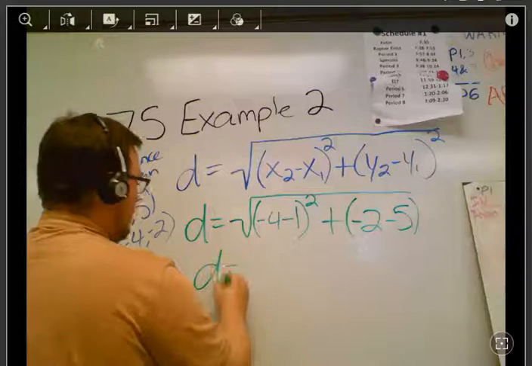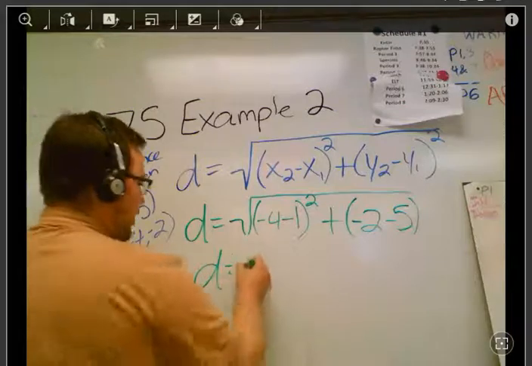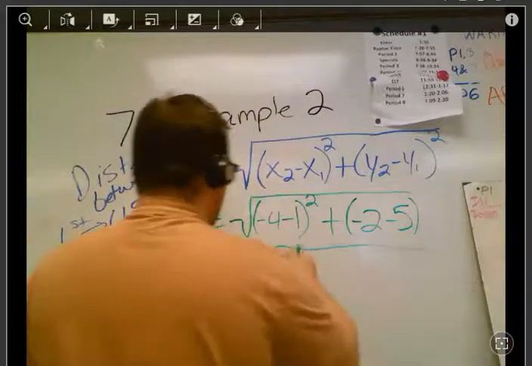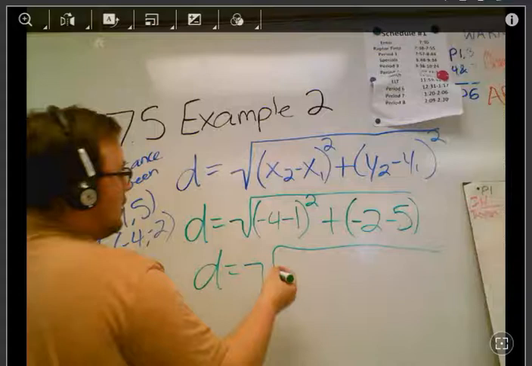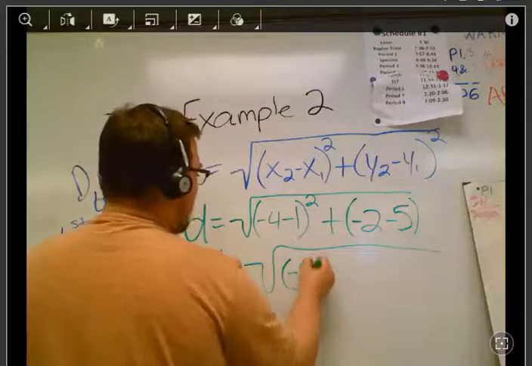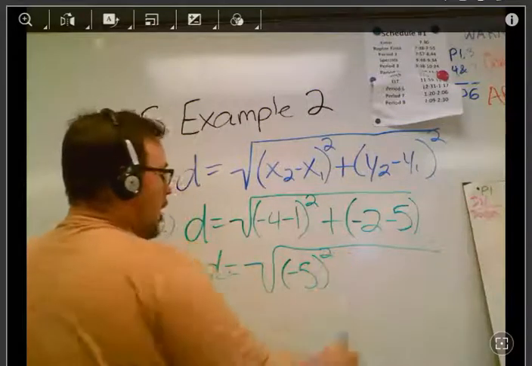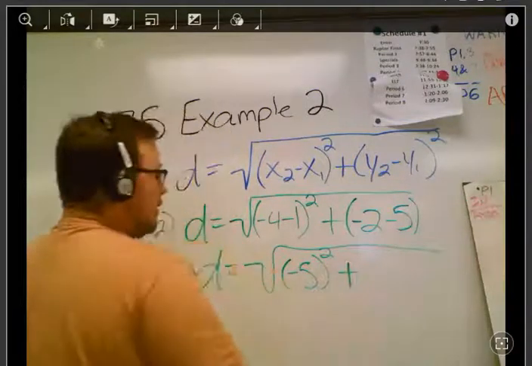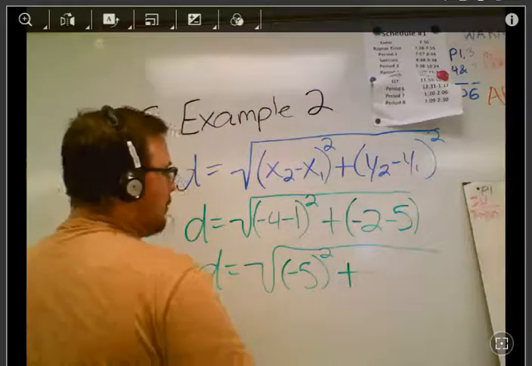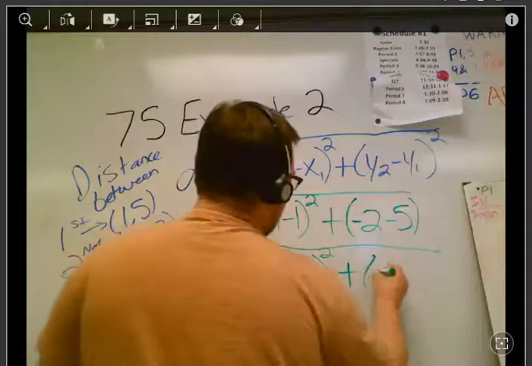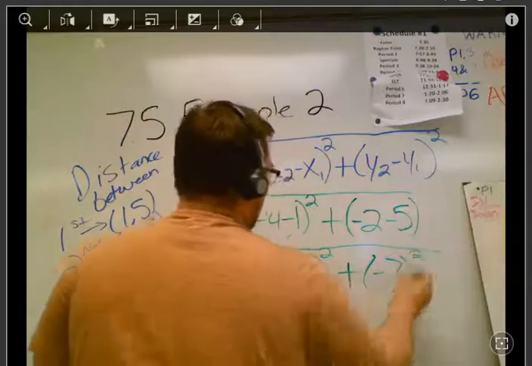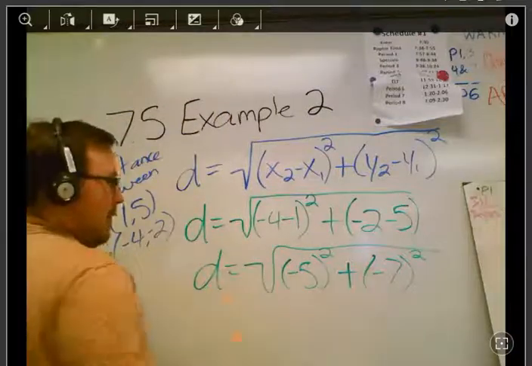All right, now we simplify it even further. -4 minus 1 is -5, so -5 squared, plus -2 minus 5 is -7. Now, when we square these negative numbers, they'll become positive.